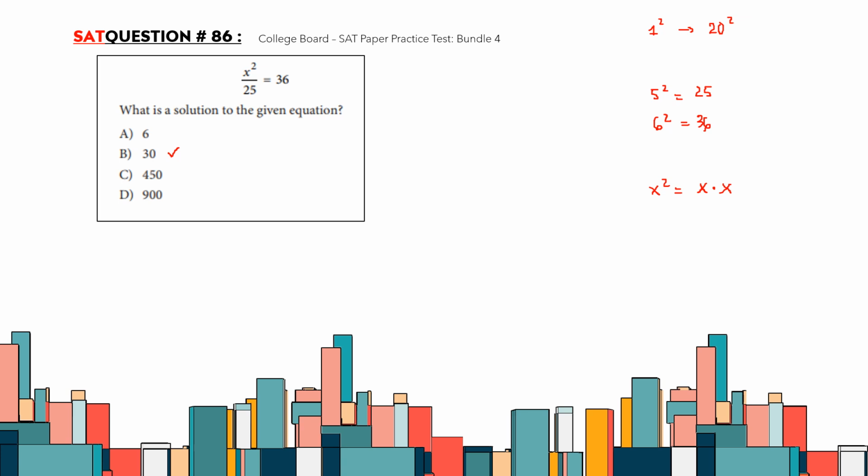How to solve for x squared? If we have x squared equal to a number a, we will take the square root of both sides. On the right hand side, it has to be plus or minus the square root of a.